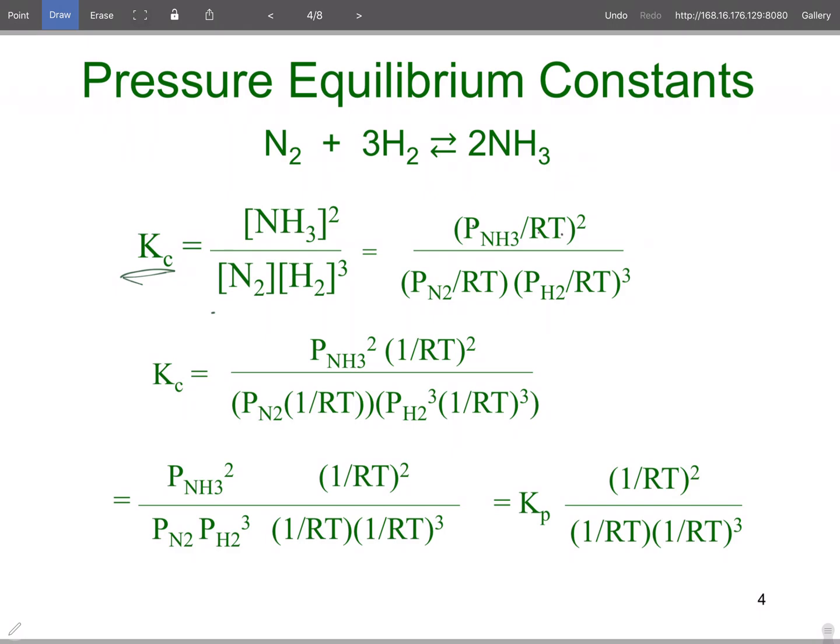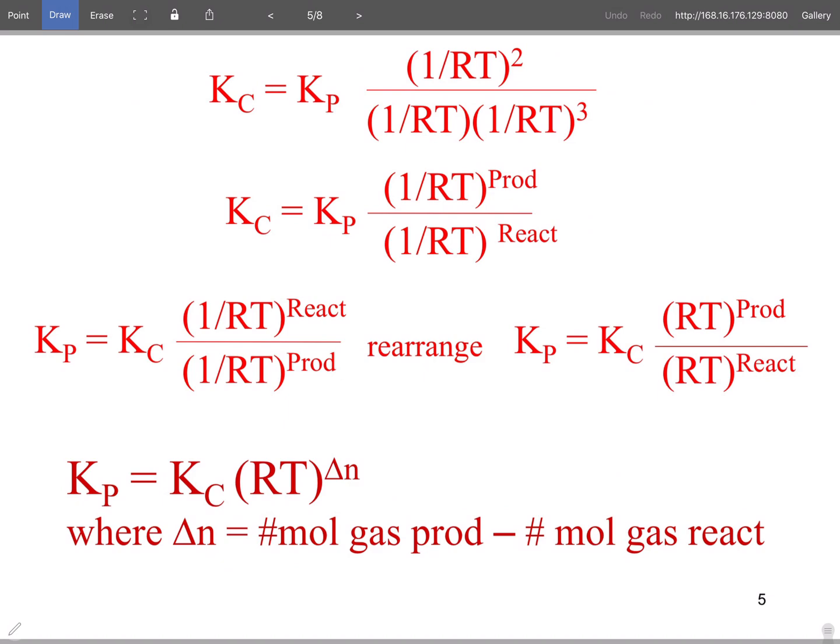So if we keep rearranging until we get just the species times all of the constants, temperature is not constant in general, but it's constant in this case because we're all in the same container. Then we end up with a Kp times 1 over RT and the exponent.